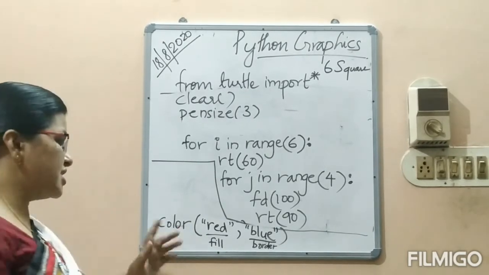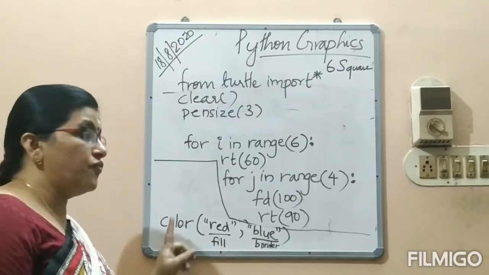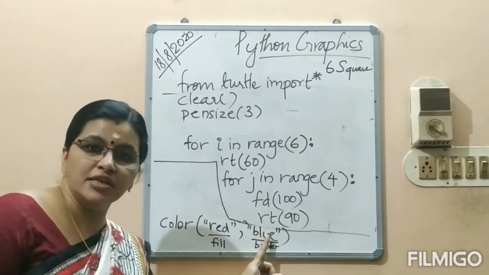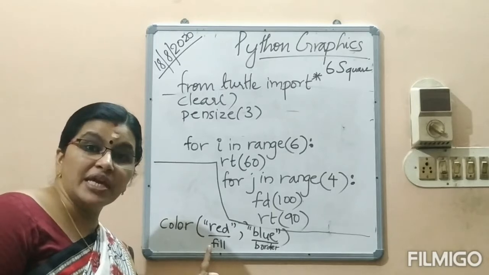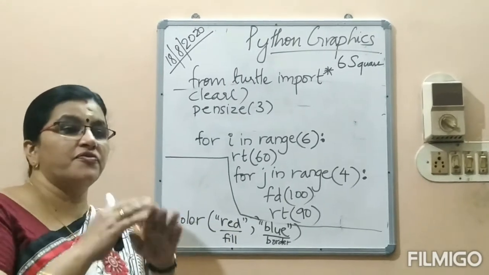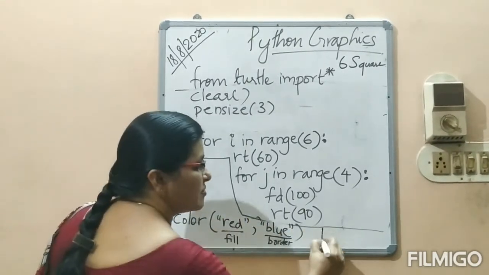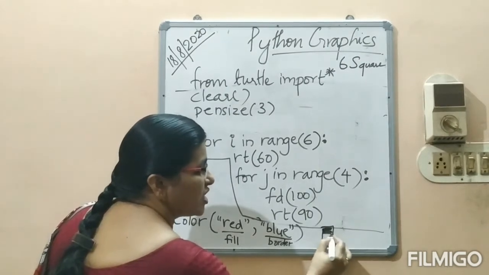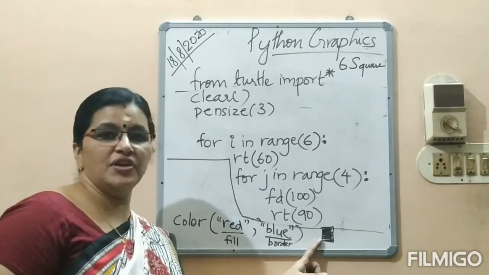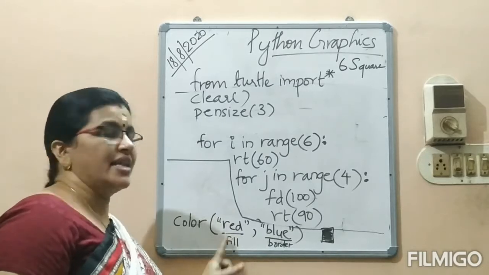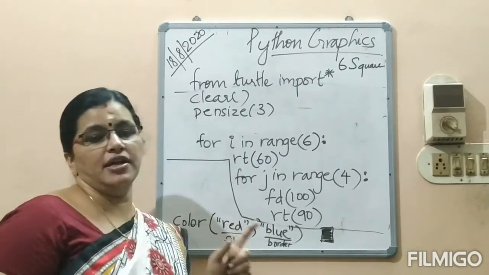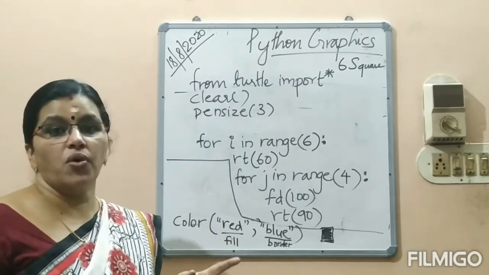Got it? Inside the color command, if I am giving 2 colors, the first color will be the fill color. The square's inside color, that is the fill color. The fill color is the first one. And the second one will be the border color.